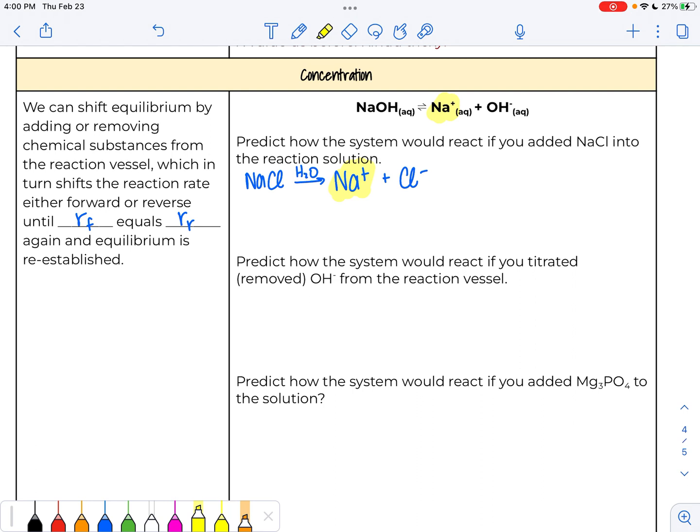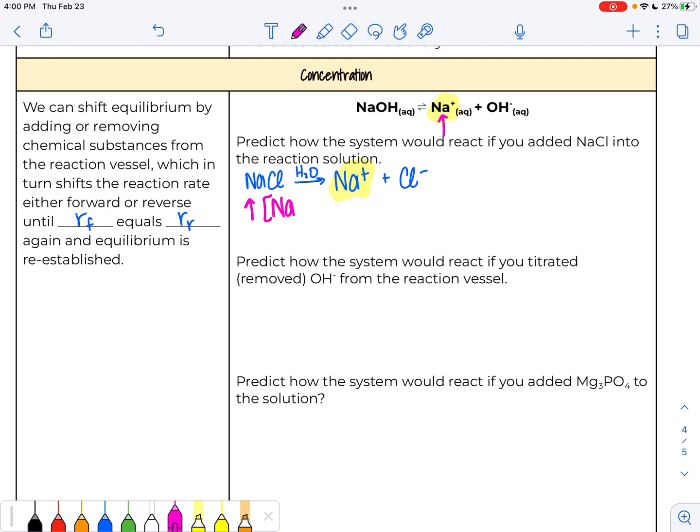By adding NaCl into the reaction solution, what am I actually doing? I'm increasing the amount of Na+ ions I have in solution. If I increase this, what's going to happen to the system? I've increased the amount of Na+ ions, so to reestablish equilibrium, the reaction has to shift back towards the reactants to relieve that stress.